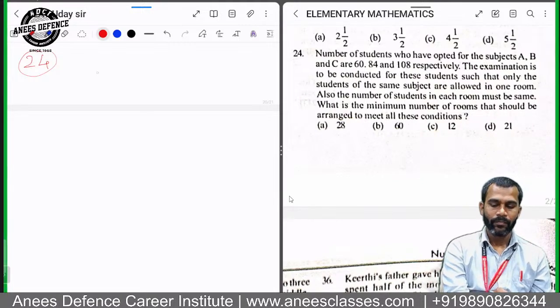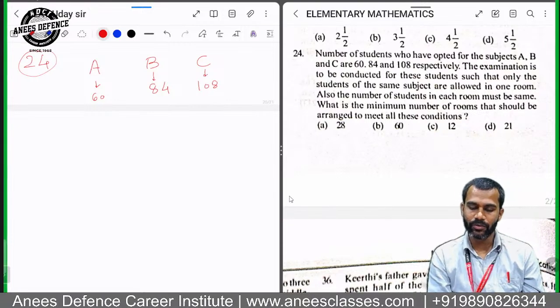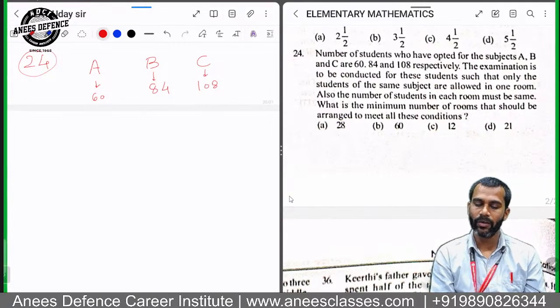A, B, C. These are the three subjects. For A, how many students? 60, 84, and 108. Okay. The examination is to be conducted for these students such that only the students of the same subject are allowed in one room.